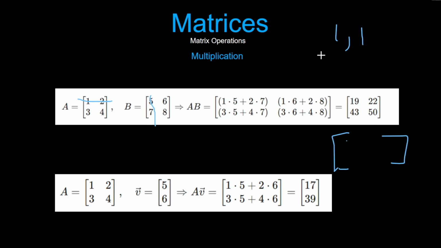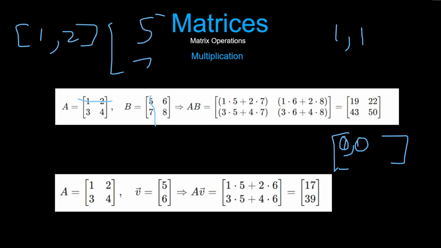So what's the ith row? We have 1 comma 1. So the ith row is the first row in the first matrix, which is 1 comma 2, and the jth column is the first column in the second matrix, which is 5, 7. So we have to do a dot product between these two.